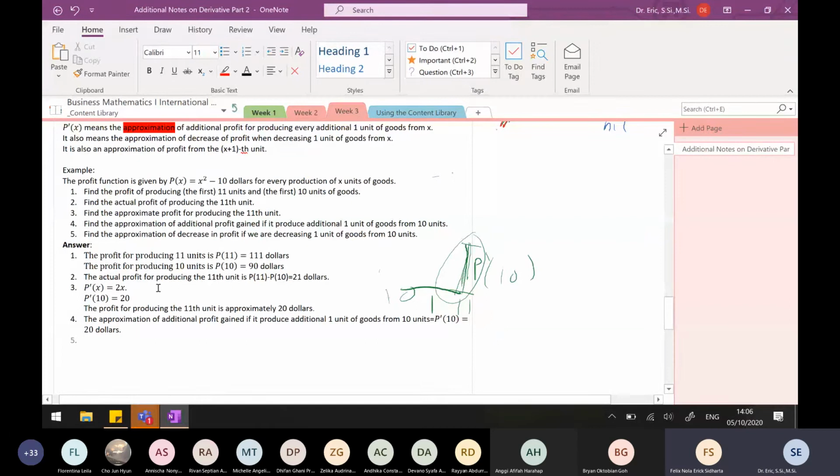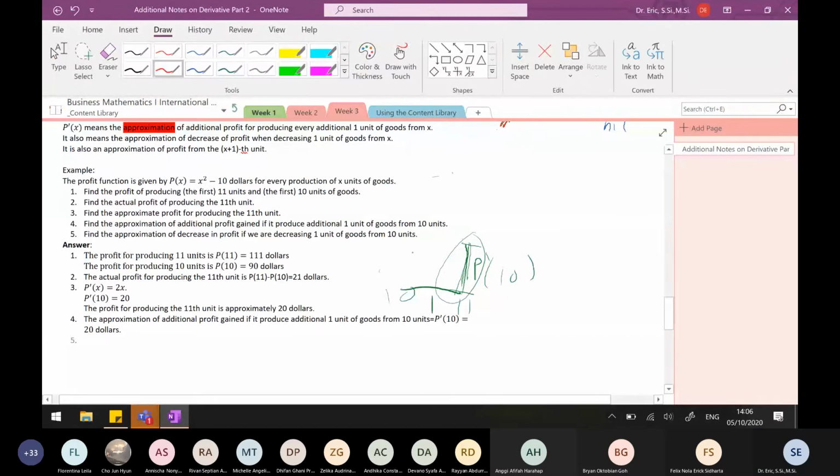Baik, Pak. Terima kasih. Karena the actual profit is quadratic, but the approximation is linear. It's much more easy to deal with. Okay. Number 4, find approximation of decrease if we are decreasing. What is this? This is P prime 10. Decreasing 1 unit.